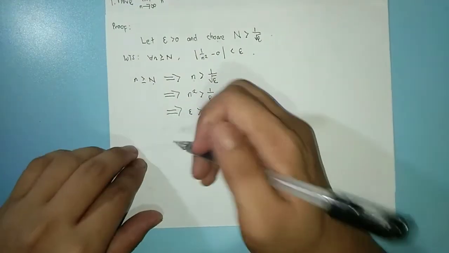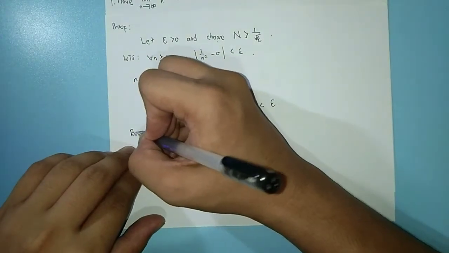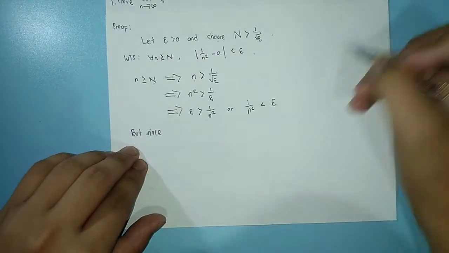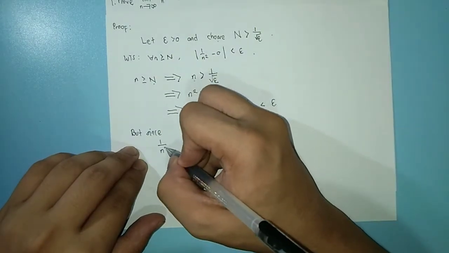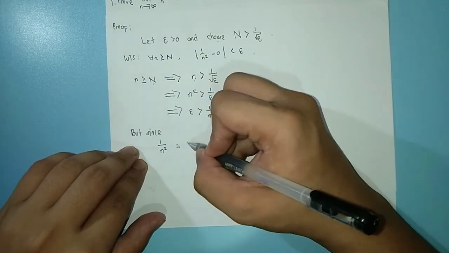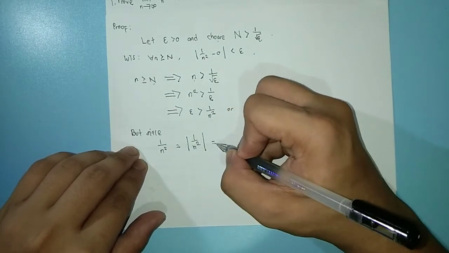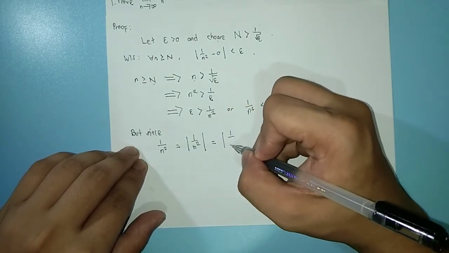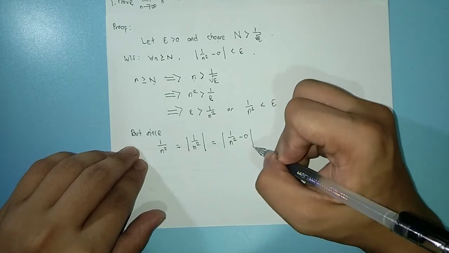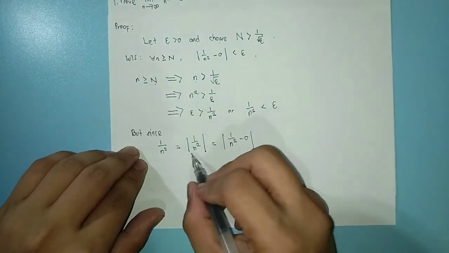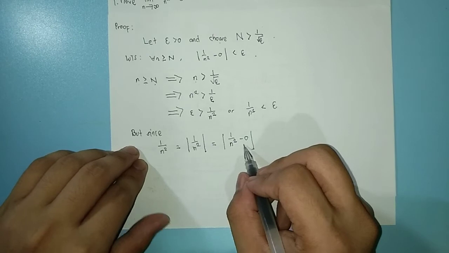Okay? But since yung 1 over n squared ay equal sa absolute value of 1 over n squared, which is also equal to absolute value of 1 over n squared minus 0. Kumbaga pa backward tayo, no, sa ginawa natin kanina. Okay?